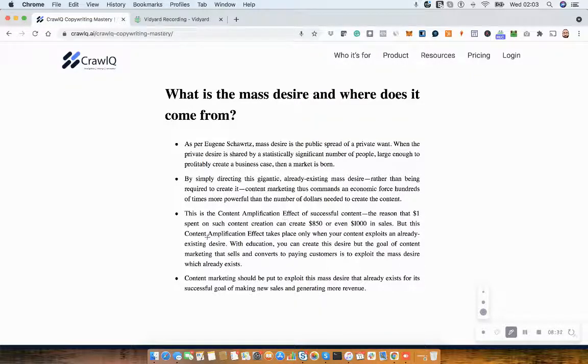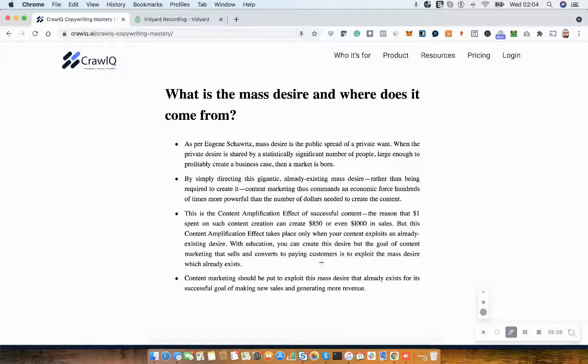But this effect takes place only when your content exploits an already existing desire, and this is the key. With education, you can create this desire, but the goal of content marketing that sells and converts into paying customers is to exploit the mass desire, not create it. You want to exploit that mass desire that already exists.